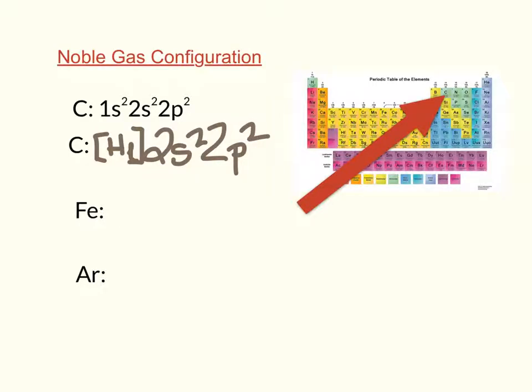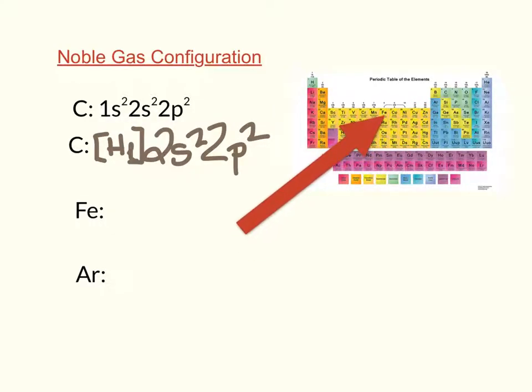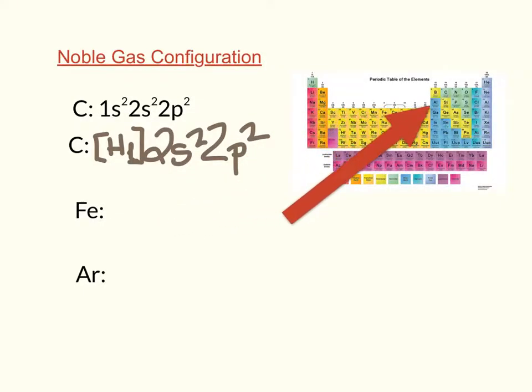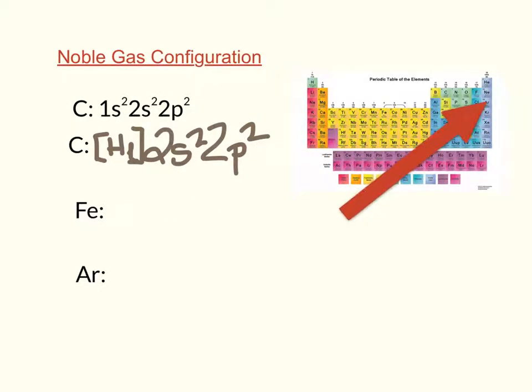Now, it doesn't do much in the way of carbon, mostly because it's so small to begin with. But for some of the bigger elements, like iron here, we can save ourselves a decent amount of time. Looking at where iron is and counting backwards, you have to make sure that you count all in a line. Here, here, here, here, there's K, and then go to the next line up, that's Ar.